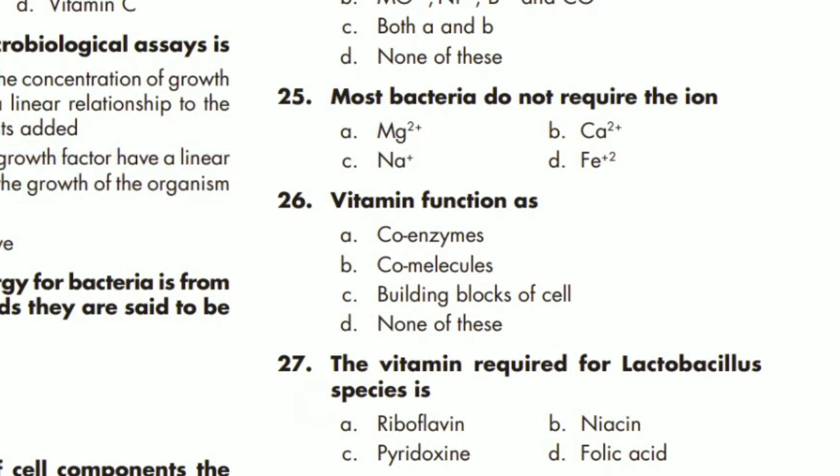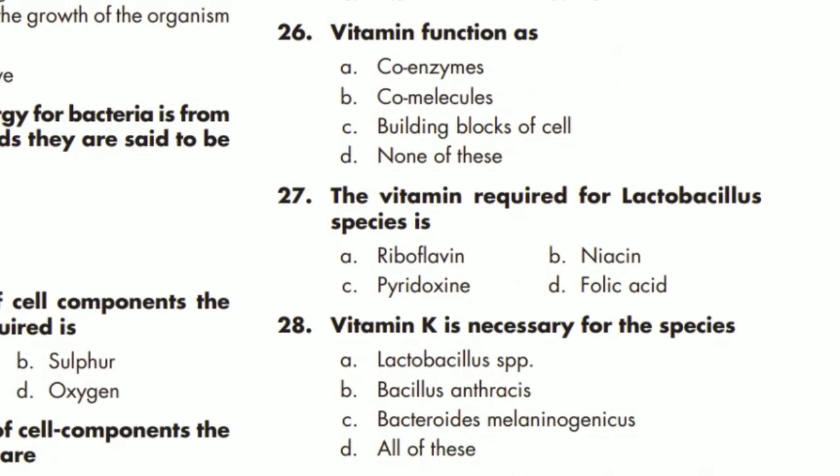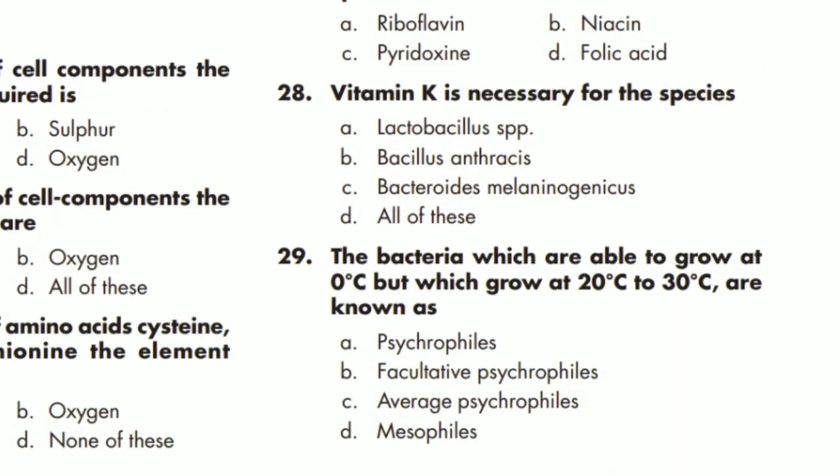MCQ 18 says that if let's suppose the source of energy for the bacteria is from a chemical compound, then what do we call that? We call that chemotrophs. C is the correct option. Then we have MCQ number 19 that says that there is a synthesis of all the cell components and the major element required for this is actually carbon.